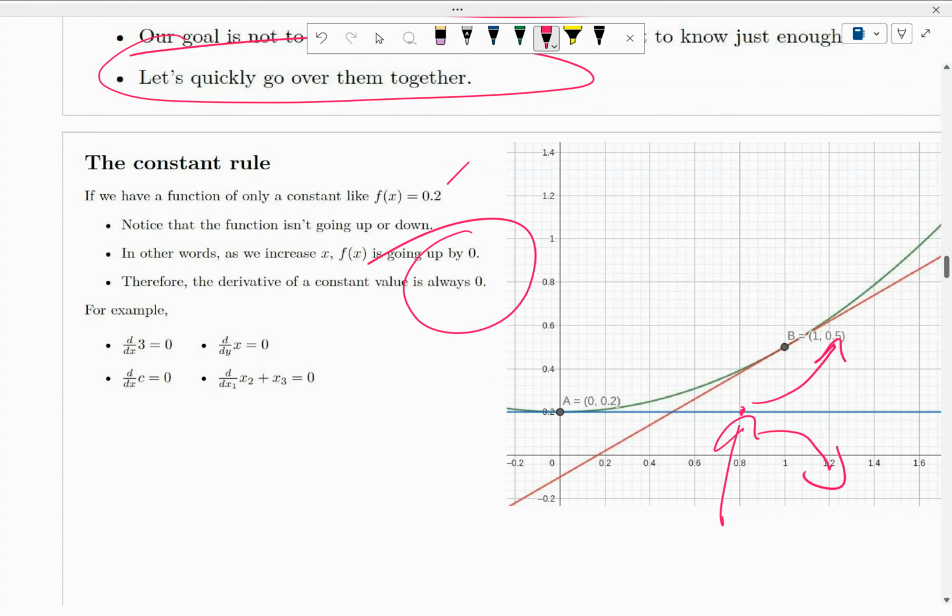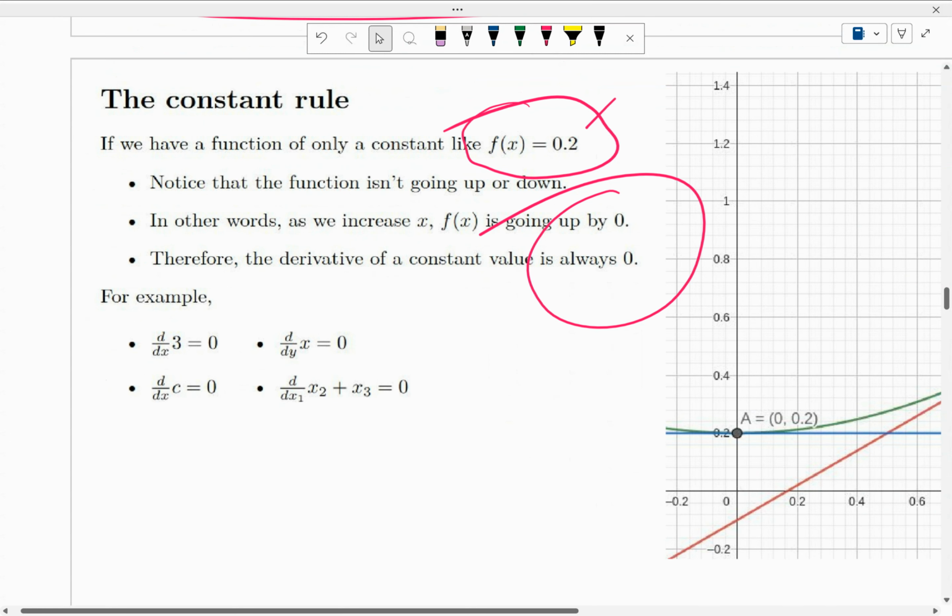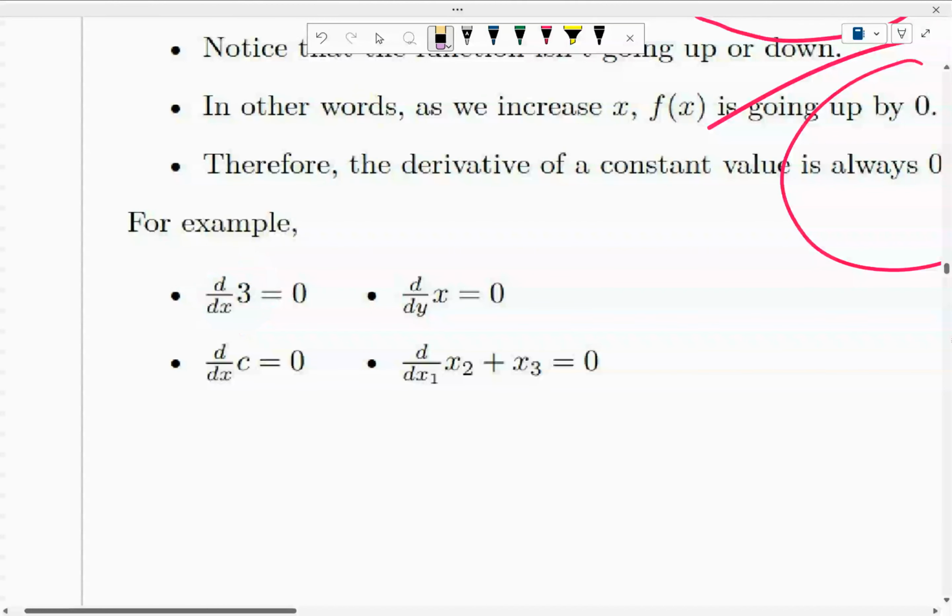So a constant value will always give 0. Here are some examples. Derivative of the number 3? That's going to be 0. Derivative of c? Well, c is a constant because the variable is x. If the variable is x, then as long as it's not x, it's treated as a constant, so you're going to get 0.